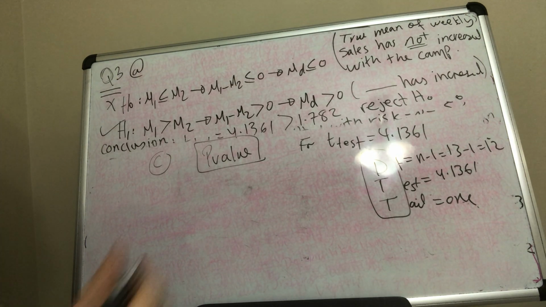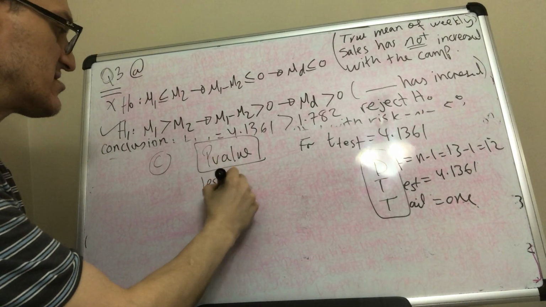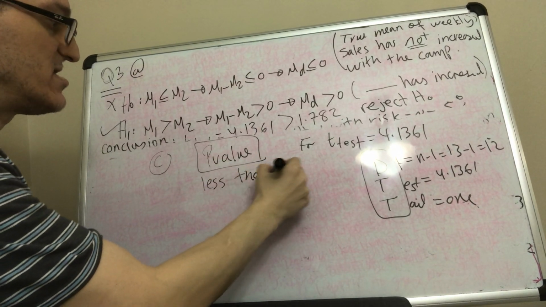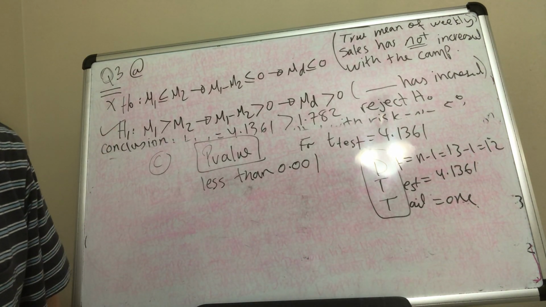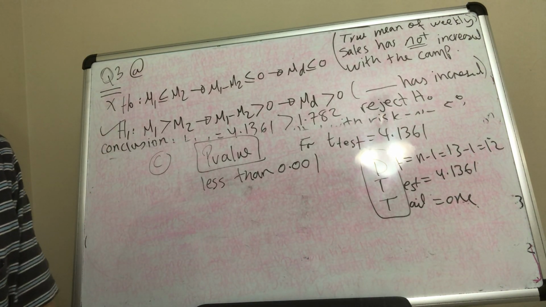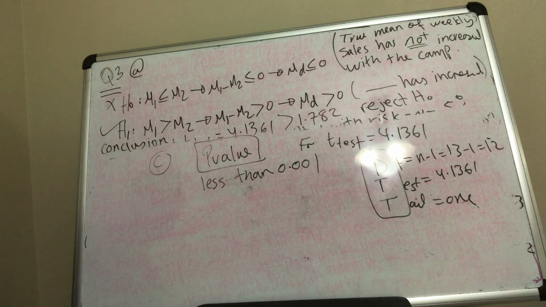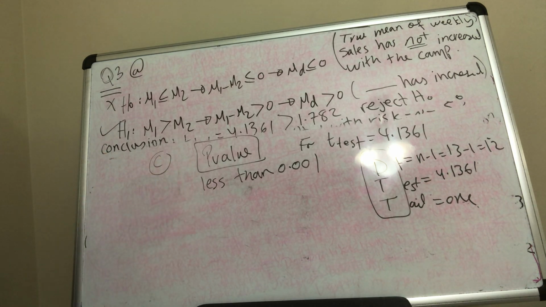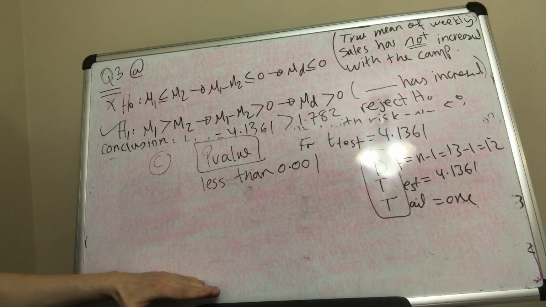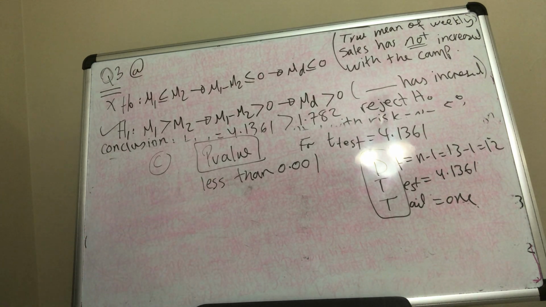So in this case, all you need to say is it's less than 0.001. Or between 0.001 and 0.005, but it doesn't matter, less than 0.001. The way we explain what this is, I'll give you the standard meaning of p-value, and then I'll tell you what you need to change.